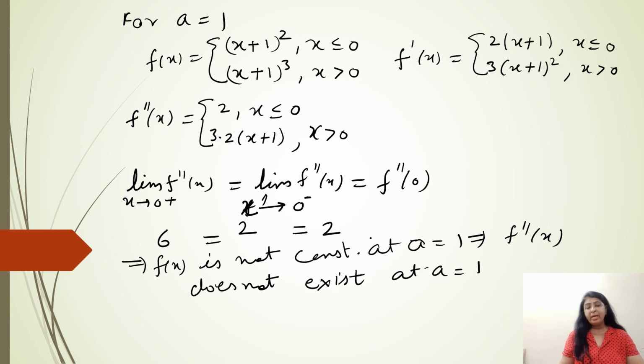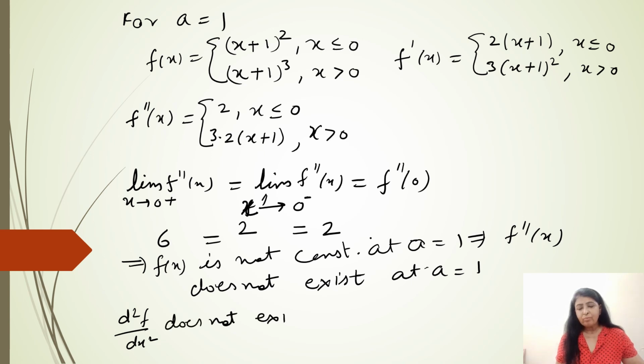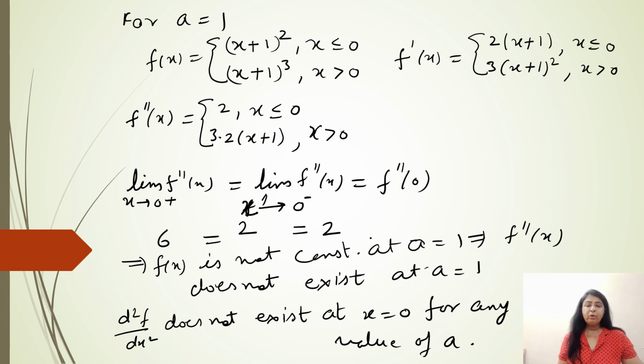We have concluded that d square f by dx square doesn't exist at x is equal to 0 for any value of a. We have checked for a is equal to 0 and a is equal to 1, and we are able to find that the second derivative doesn't exist. So option A is correct.